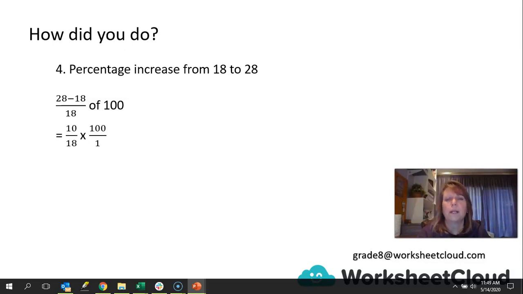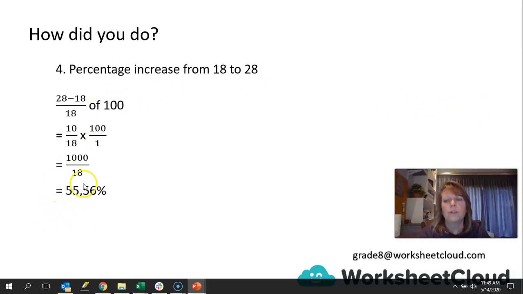Okay, 28 minus 18 is 10. 10 over 18 of 100. We can simplify that, but we don't have to. So if you wanted to, it could be 5 over 9. And then you multiply it out, but we don't have to do that. 1,000 over 18, you can use your calculator, and you're going to get 55,56%. All right, everybody getting it?